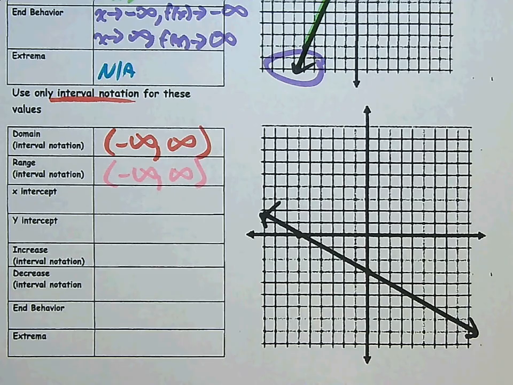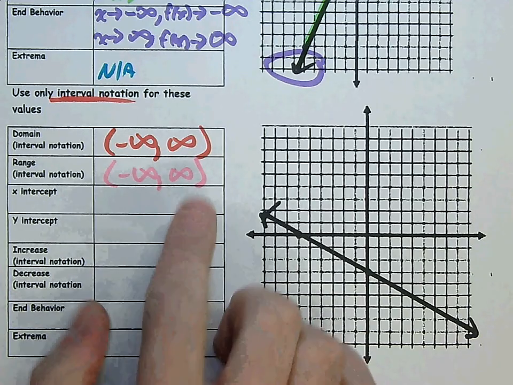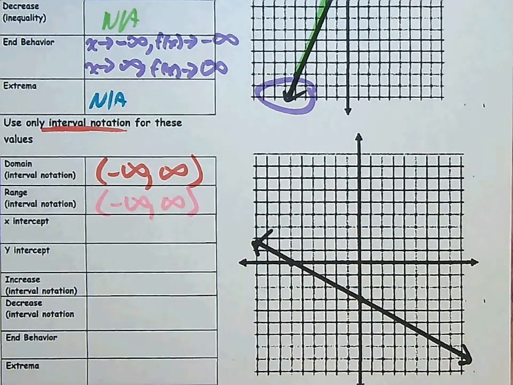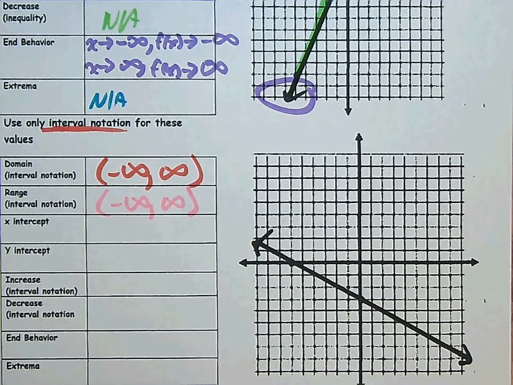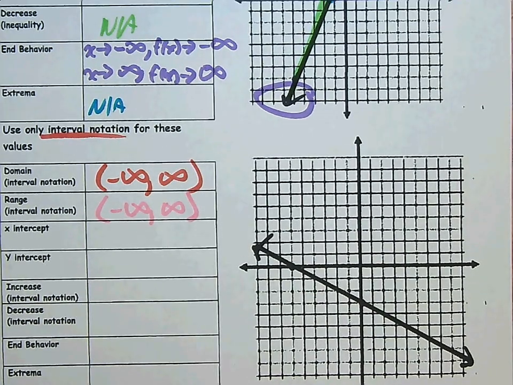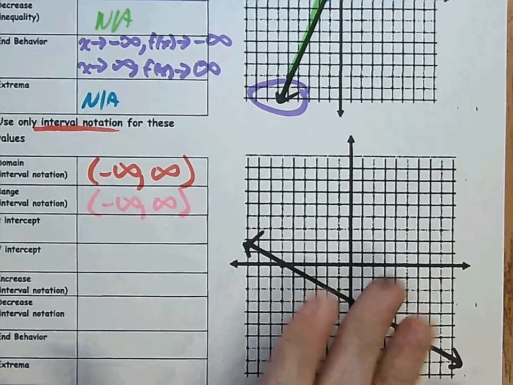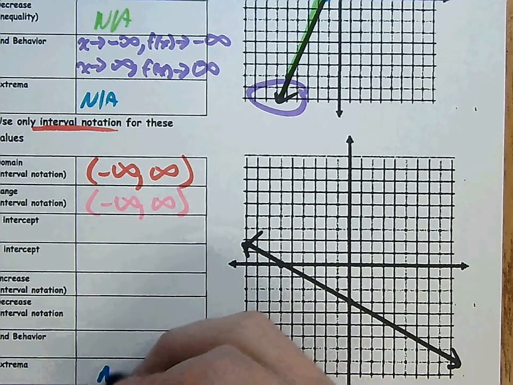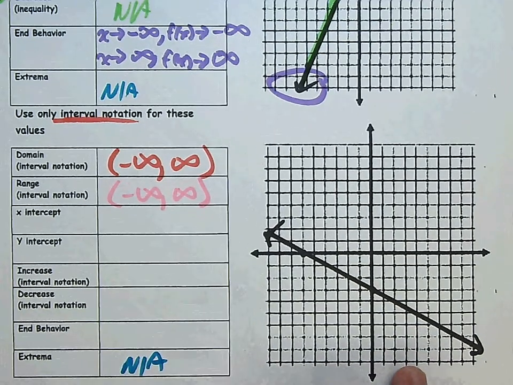And I want to point out on any linear function that has arrows on both sides, that's always going to be your domain and range. You've probably figured that out by now. The only thing that's going to change it is if we have a line segment instead of a line, right? If we end it somewhere. But we didn't end these. Which means what's going to be true about extrema? There is none. We can go ahead and fill that in right now.